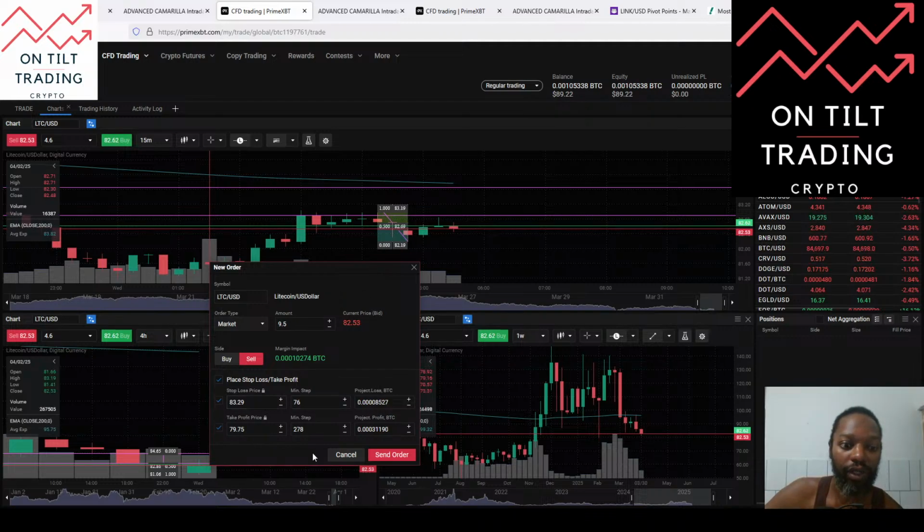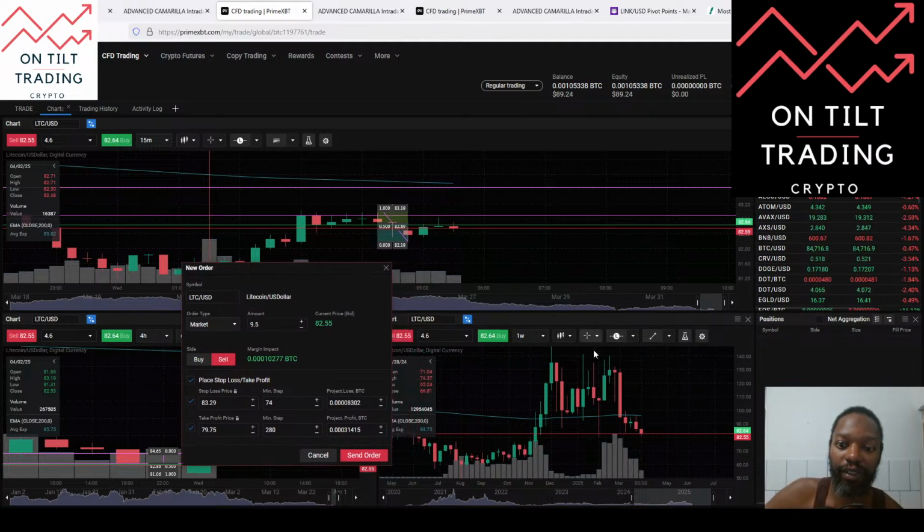But this target 79.75 is based on this candle right here, this weekly candle. That low is 79.67. So I'm going to go for a potential break of this candle, but not going for the actual break.